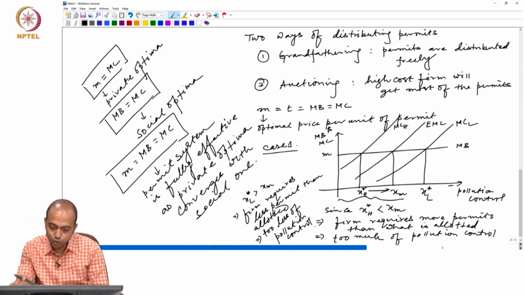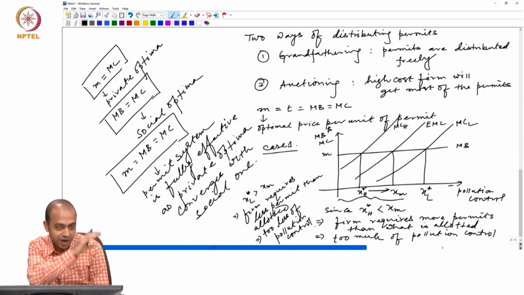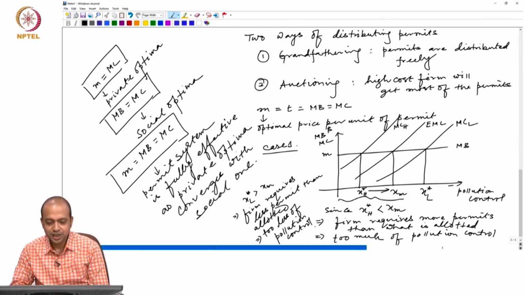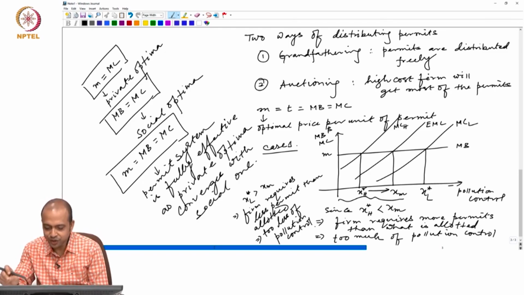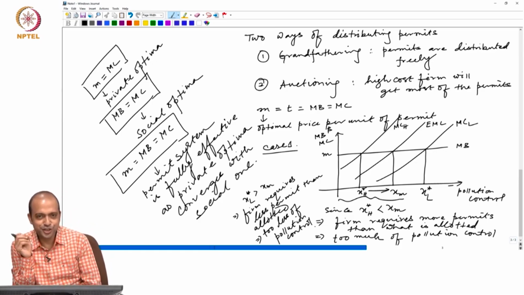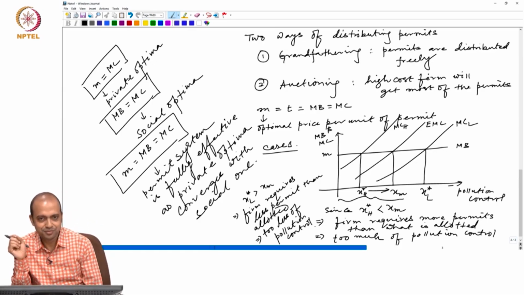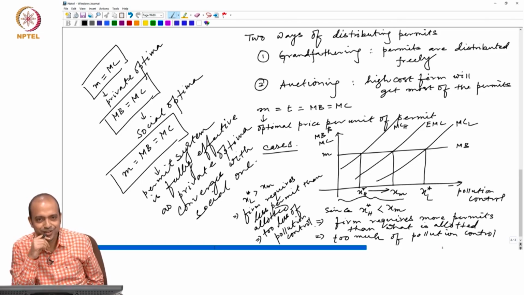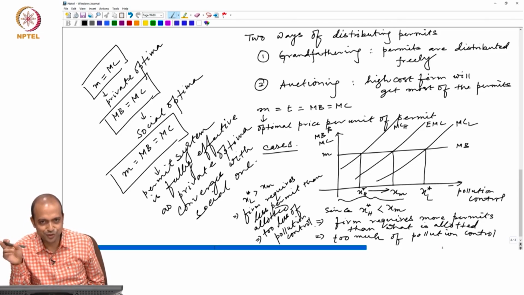Now, if you compare this situation with the earlier emission charge, in case 1, when the marginal benefit was a flat straight line, we said that the emission charge was fully effective, irrespective of whether your marginal cost of abatement is higher or lower. In each and every case, T equals MC and MB equals MC was achieved.